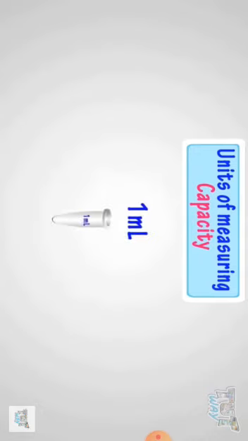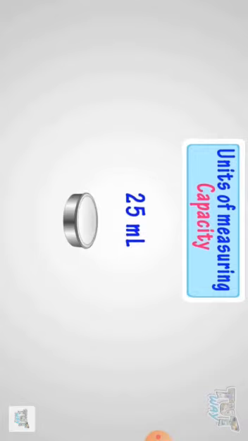This small container can hold at most 1 milliliter of water. So its capacity is 1 milliliter. Now, let's learn how much quantity is 25 milliliters. This small container can hold at most 25 milliliters of water. So, its capacity is 25 milliliters.